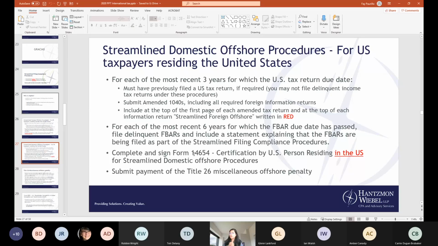So that you understand better, I'm going to give you another example of a person we helped through this procedure. This time, he was not a US citizen. He was a UK citizen, but he moved to the US. So he lived in the US.